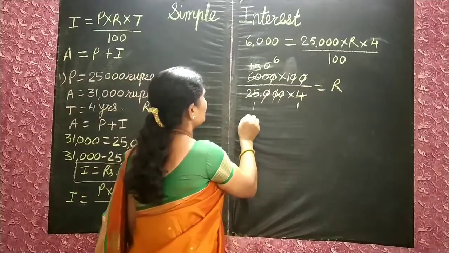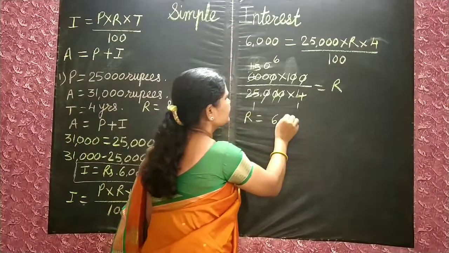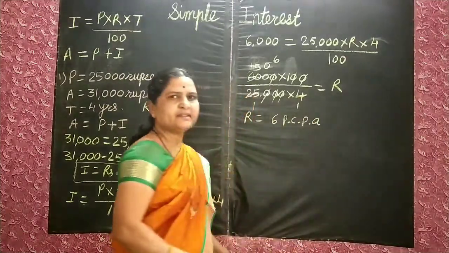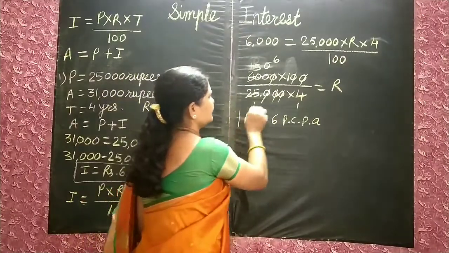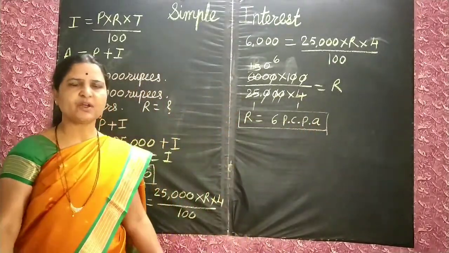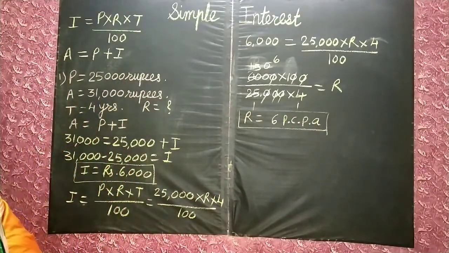So here rate is equal to 6, means 6 percent per annum. This is the rate of interest. Got it? Understood how to find it? Now one more example we'll see.